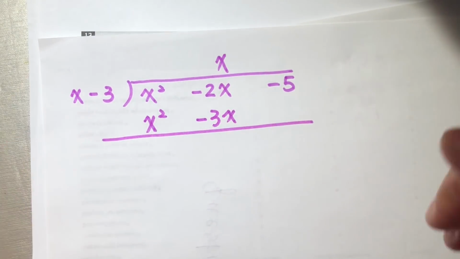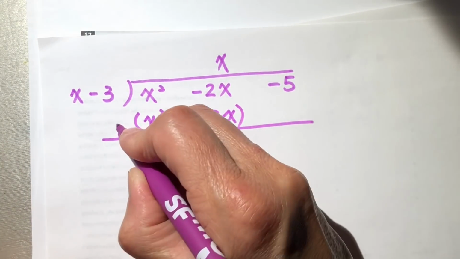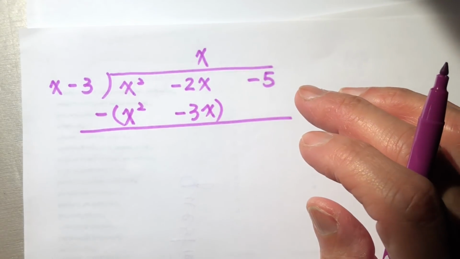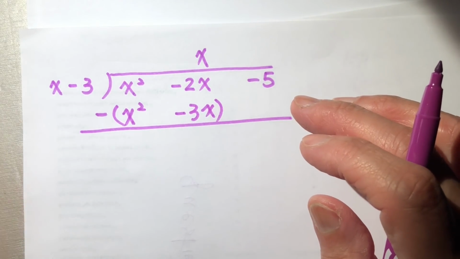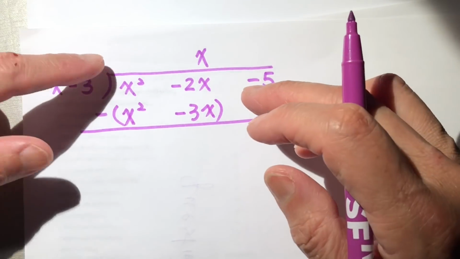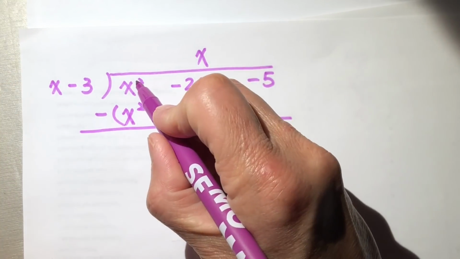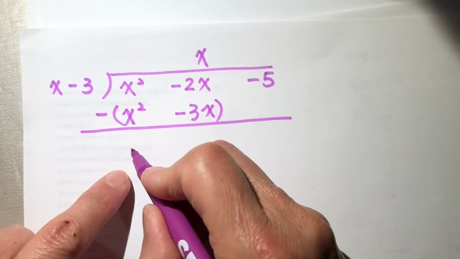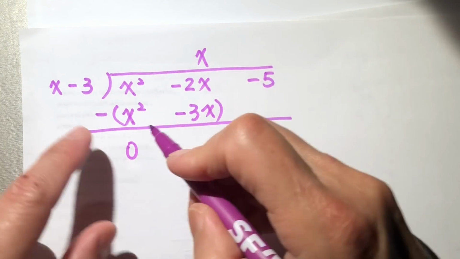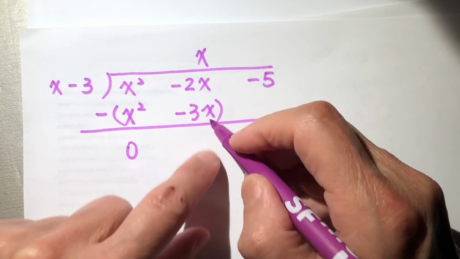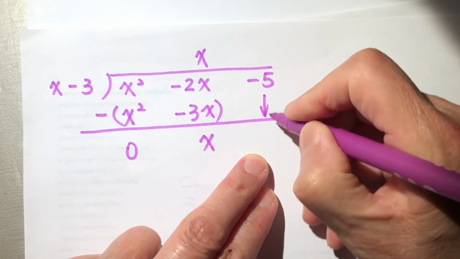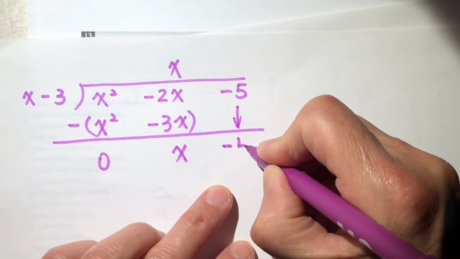And this is the same as what we do in normal division. When you do second grade, third grade division, you build up the solid foundation, you will find it quite easy. X squared minus x squared is 0, right? Negative 2x minus negative 3x is x. And this place, we come down, negative 5.